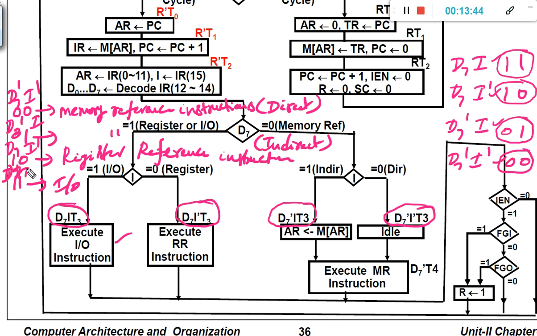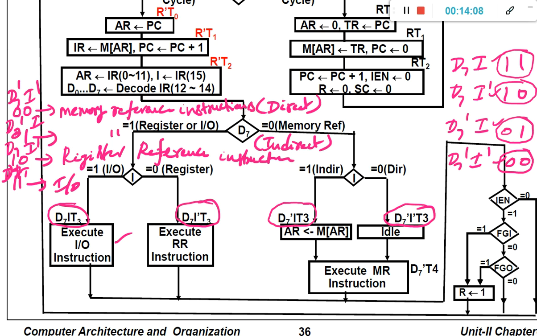So like this we can easily recognize. Always, if the particular flip-flop is given directly, then it represents the 1 value. If you use the complement, then it is going to represent the 0 value. Okay, remember like that. So this is how the complete flowchart works.